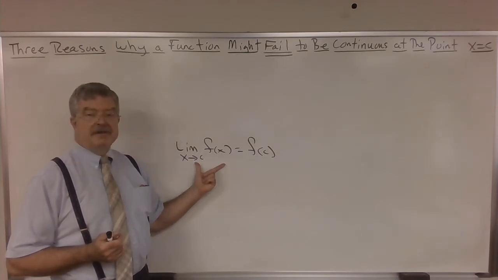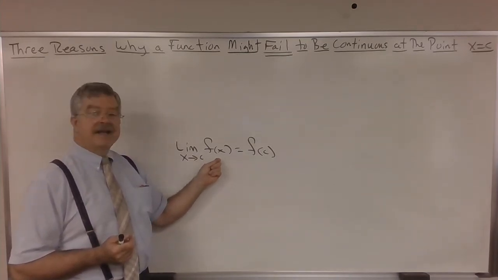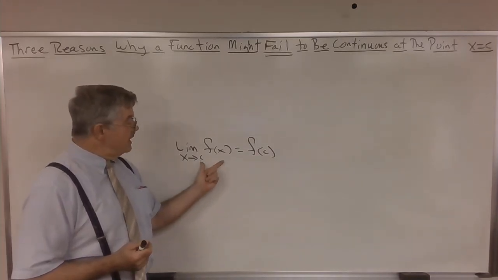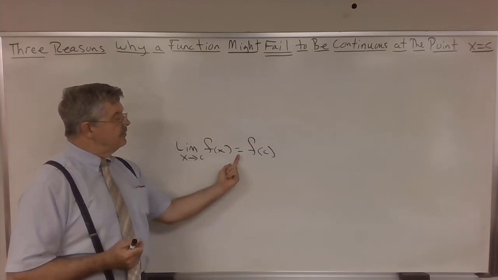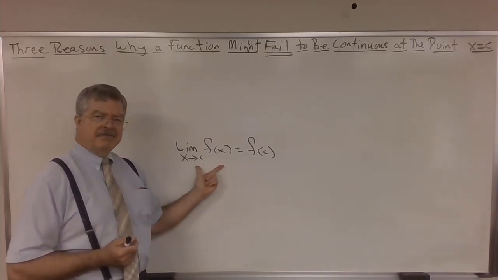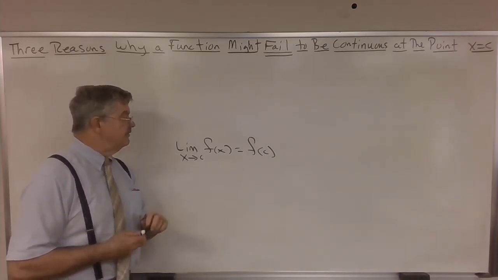If this limit doesn't exist, then the left side isn't defined, and it certainly can't be equal to the right side. So maybe the reason that this equation might not hold is that something goes wrong on the left side of the equation. The limit doesn't exist.